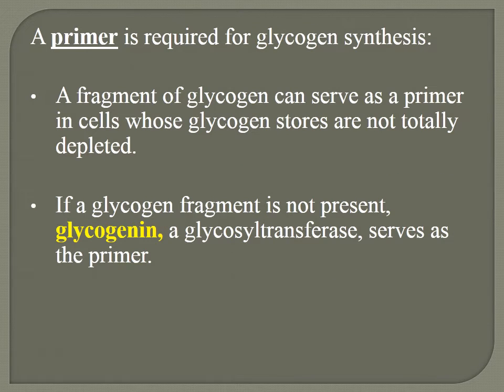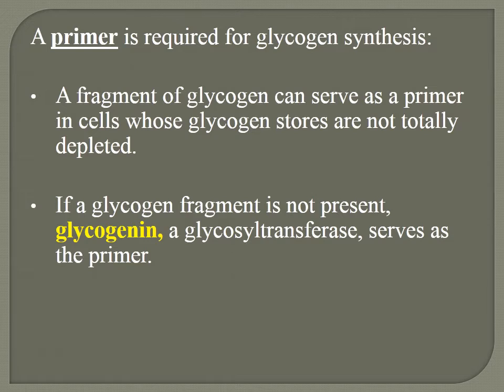As you noticed in the previous step, the enzyme glycogen synthase adds the glucose residues from the UDP-glucose to the existing glycogen chain, which means a primer is required for the synthesis of glycogen.